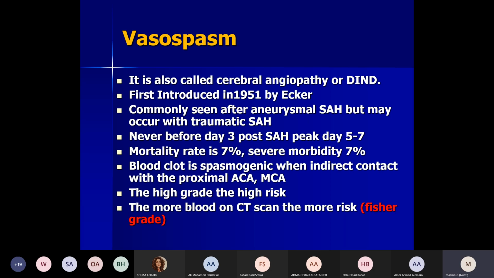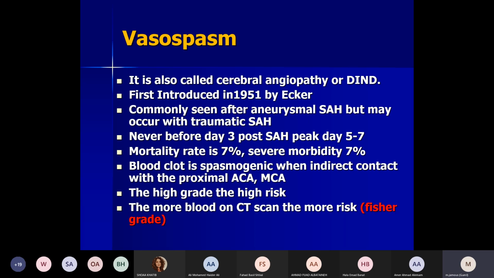So in vasospasm, it is vasoconstriction of the affected vessel after subarachnoid hemorrhage. The mortality rate for vasospasm is 7%, morbidity is 7%, and as we mentioned, it starts after day 3.